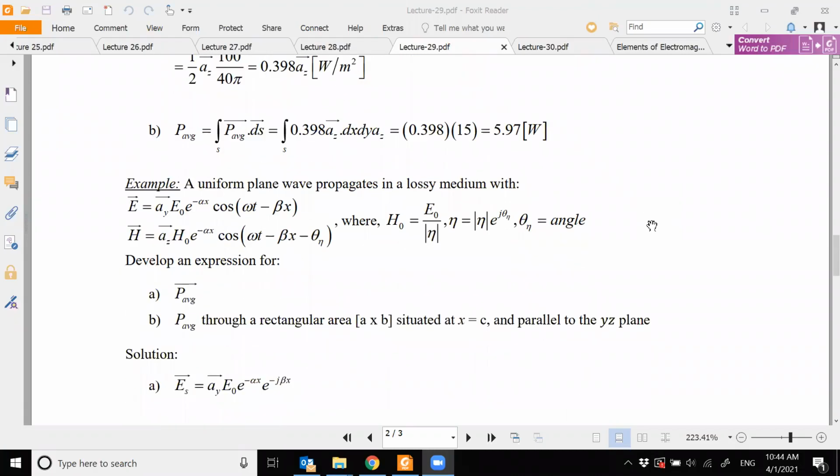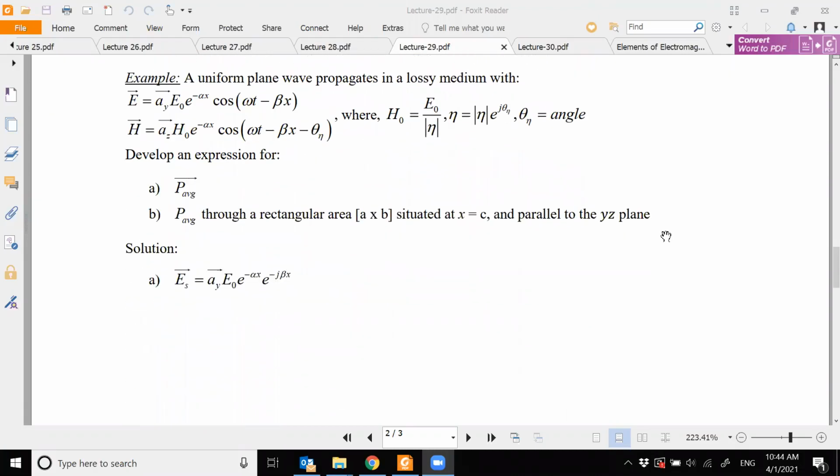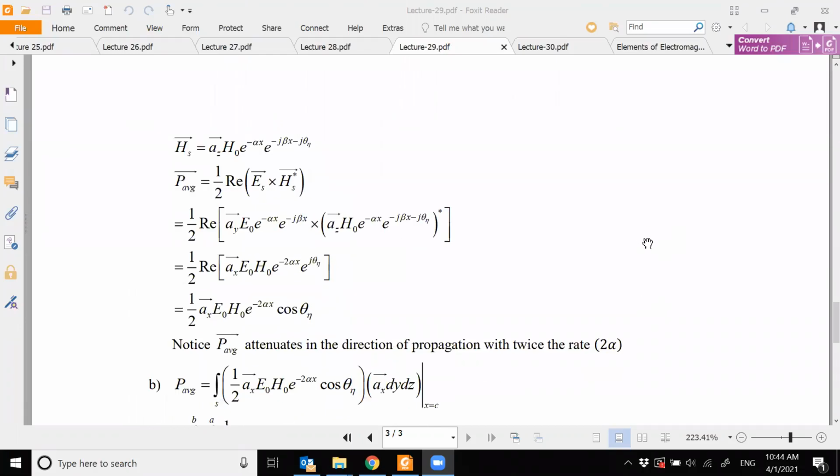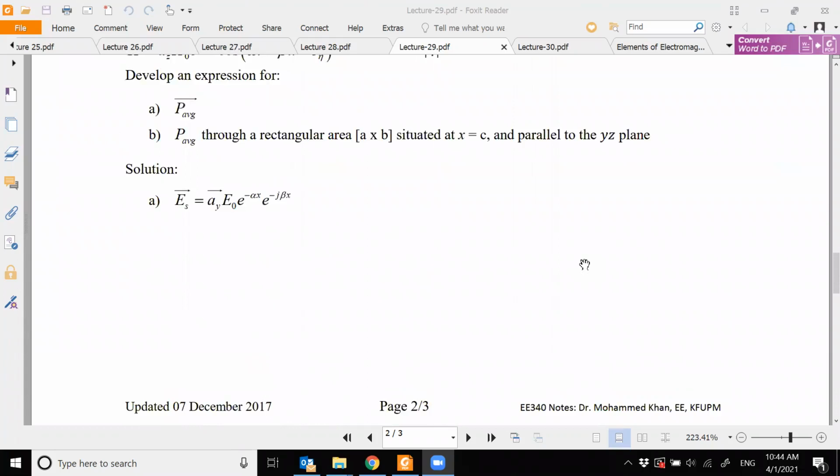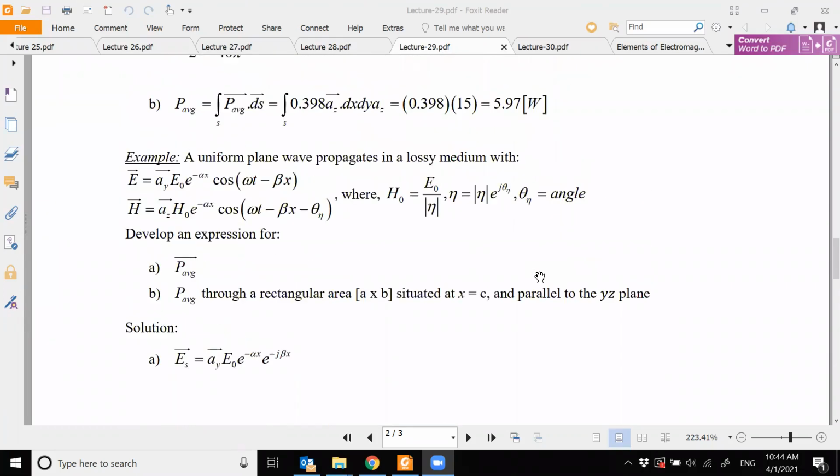Okay, so here you have one more example. You can check this example at home, but there is just one thing I wanted to highlight here. It says that you have a uniform plane wave which is propagating in a lossy medium. This is the electric field, and this is the associated magnetic field.